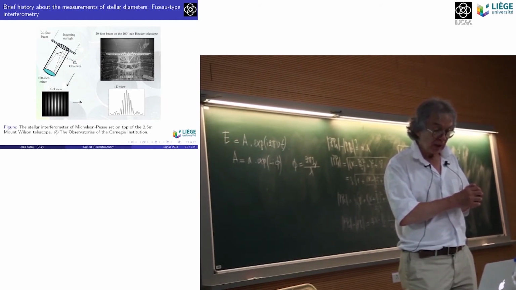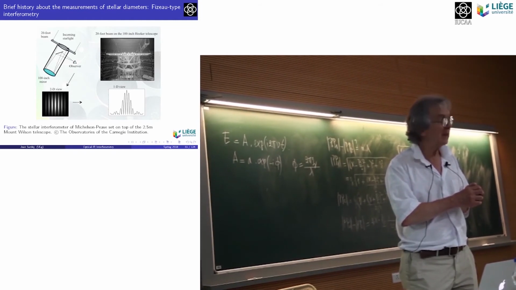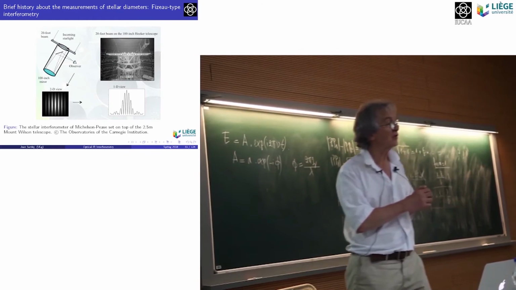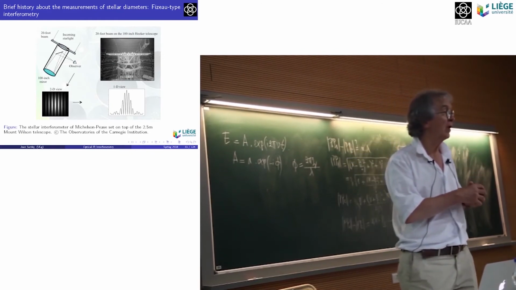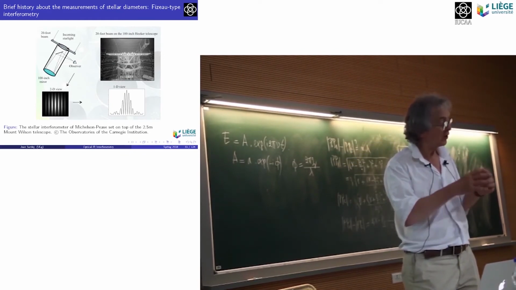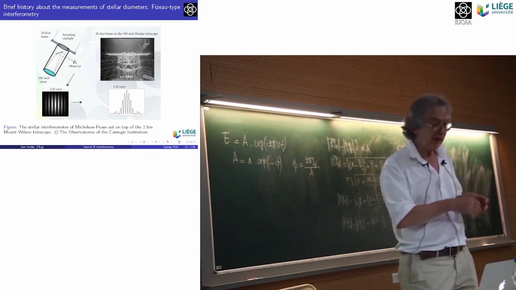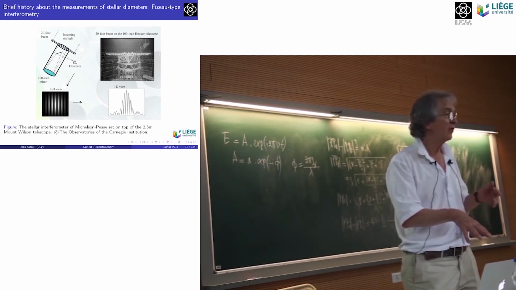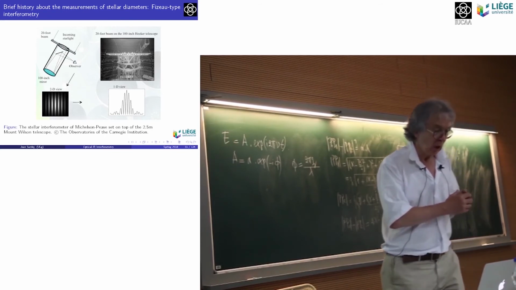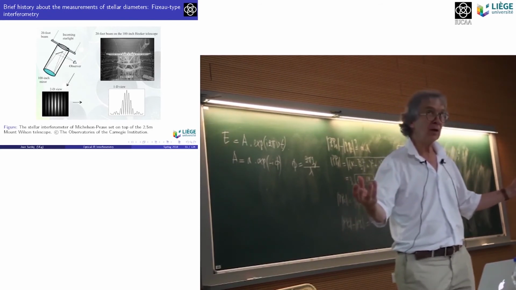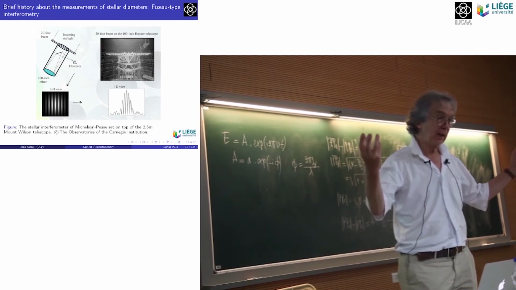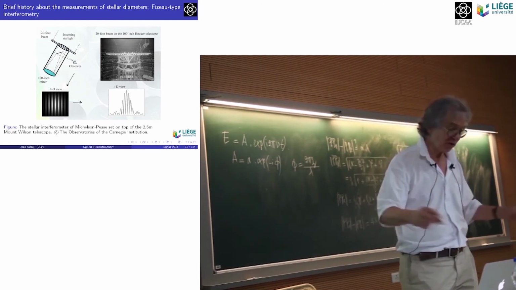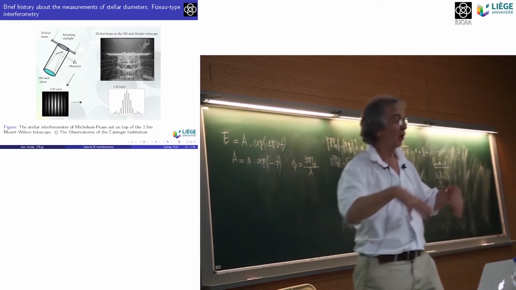Then also Antoine Labeyrie, a French astronomer, used what you have heard about, speckle interferometry, which is still another technique. Then in 1975, the same Antoine Labeyrie, with a French professor, succeeded in using 2 independent telescopes, so not anymore a beam on top of a telescope.